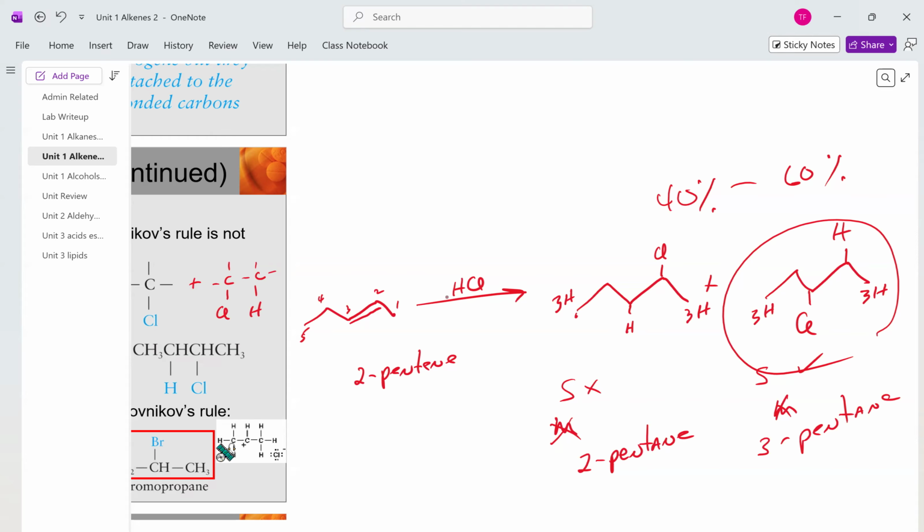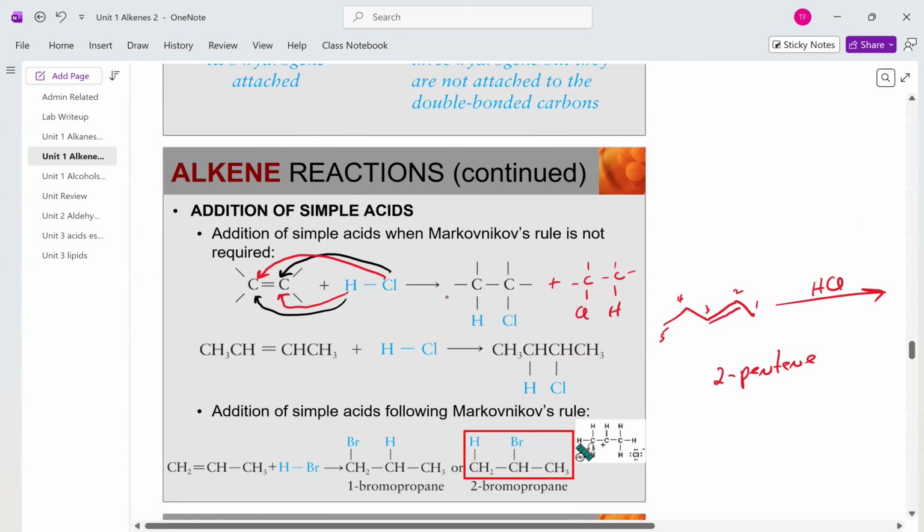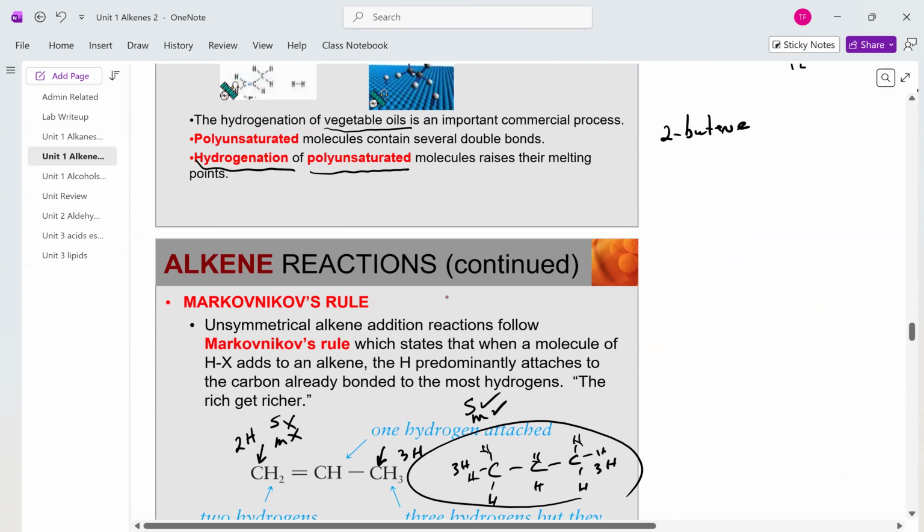S stands for symmetry, M stands for Markovnikov. So M for Markovnikov. You can also write it out if you want. He has a long name. And symmetry is going to be S. Does that answer your question?